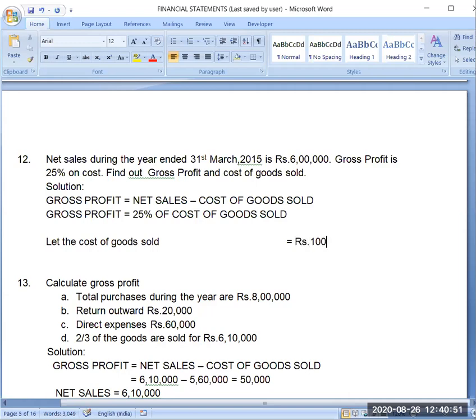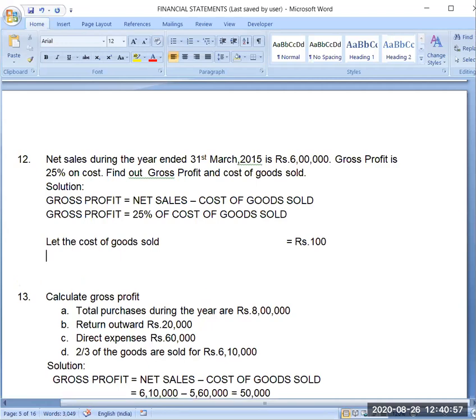I will assume that cost is rupees 100. Let it be 100. Now, because I know the cost of goods sold, can I calculate the gross profit now? If I am assuming that cost is 100, can I calculate the gross profit now?